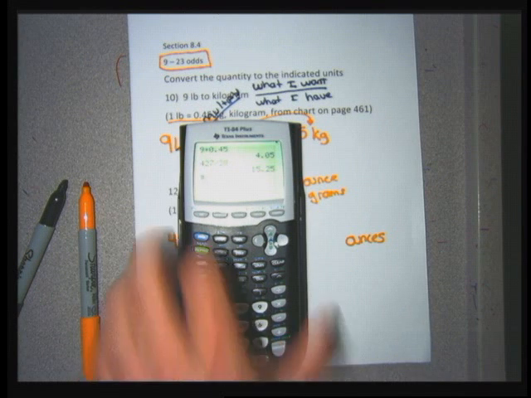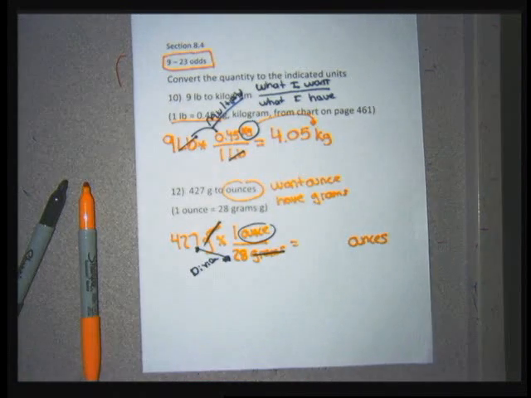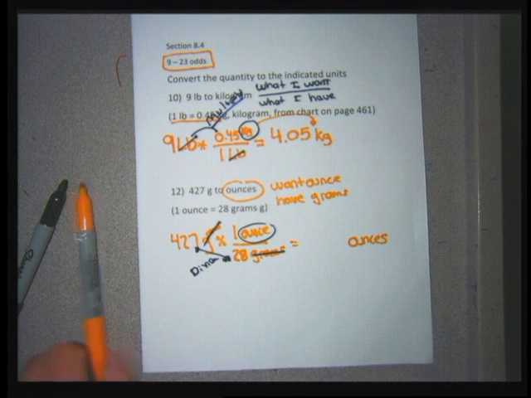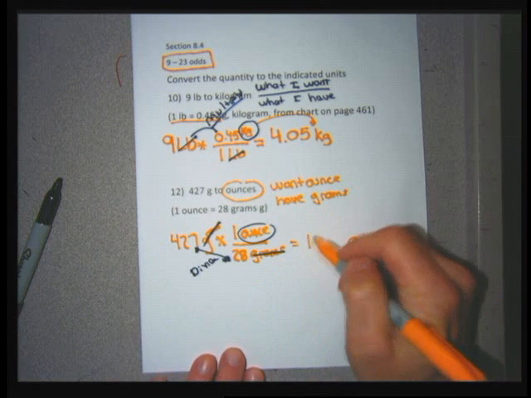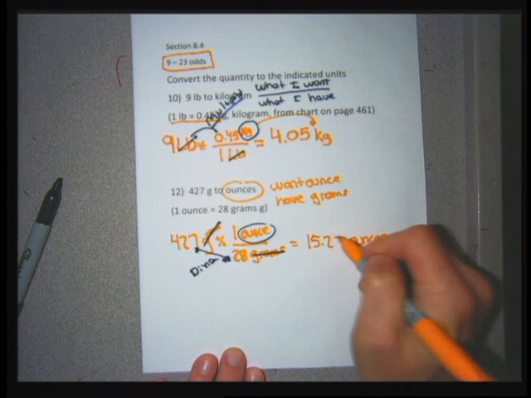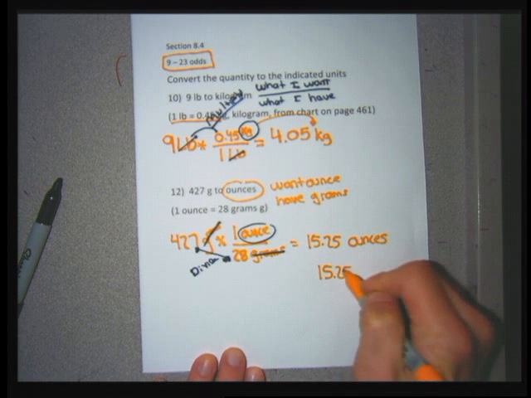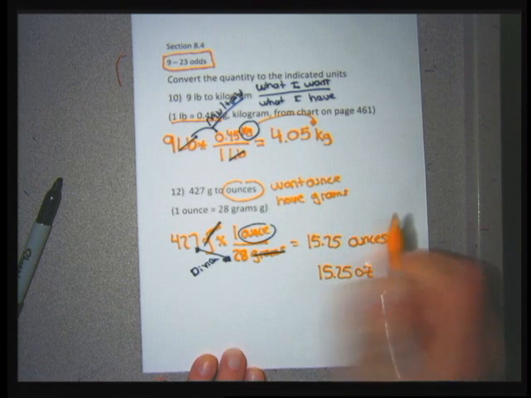And I get 15.25. I didn't read to figure out where the author wants me to round, but there hardly seems to be a reason to round that. That seems like a clean enough number, so I'm not going to round it at all. And I'm going to write 15.25 next to the word ounces. And if I wanted to, I could have written an abbreviation for ounces as OZ.